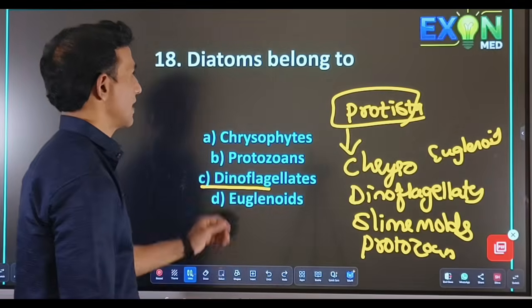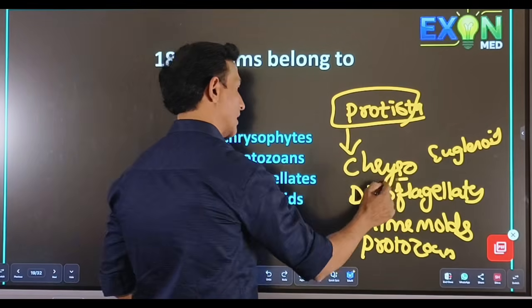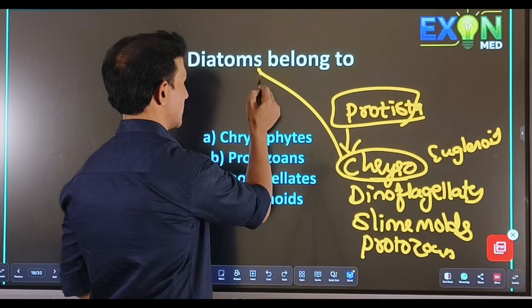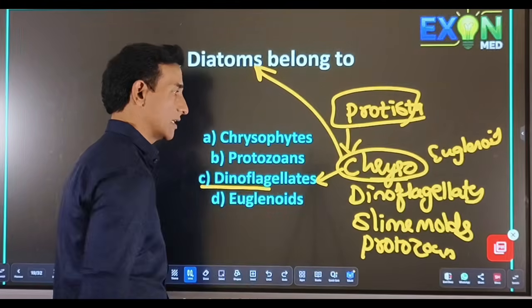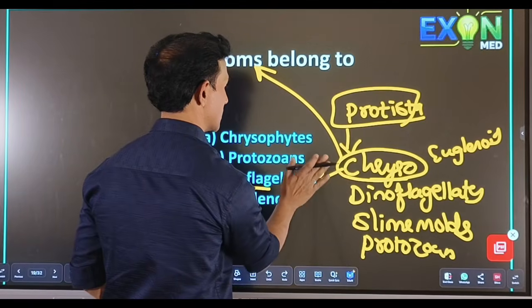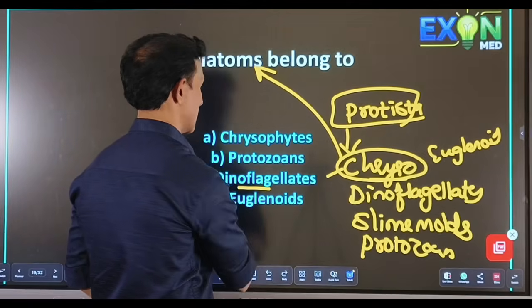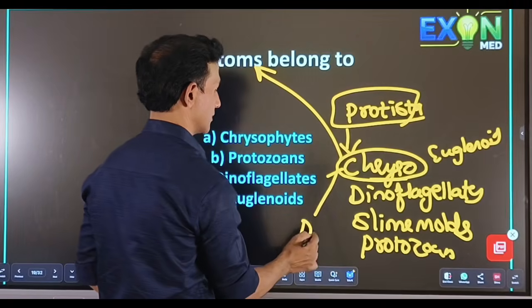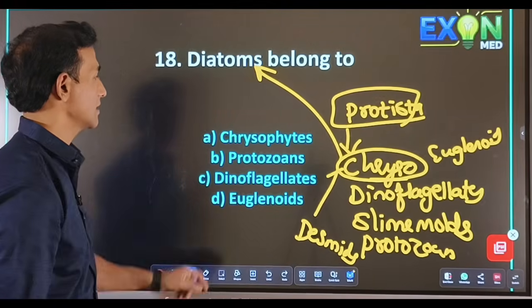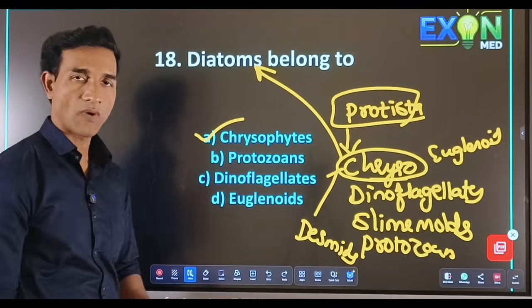So here there was diatoms. Chrysophytes are the group which contains diatoms and desmids. So hence the correct answer is chrysophytes.